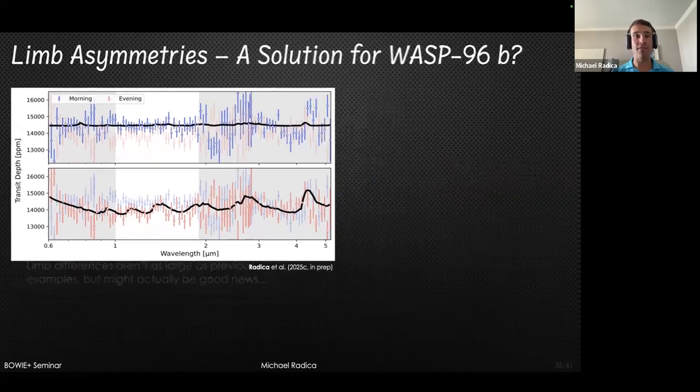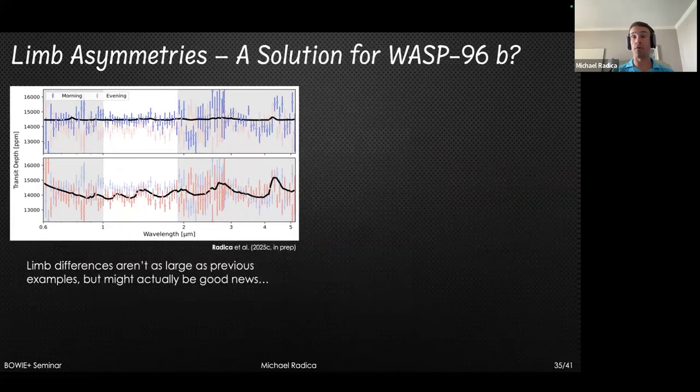And so perhaps we have some evidence for a cloudier morning hemisphere and a cloud-free evening hemisphere, just as we predicted. However, these limb differences aren't really as large as previous examples that we saw, but this might actually be good news.